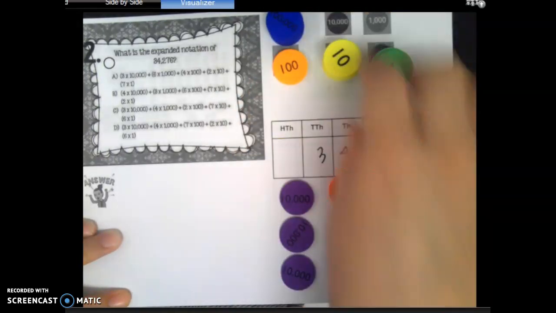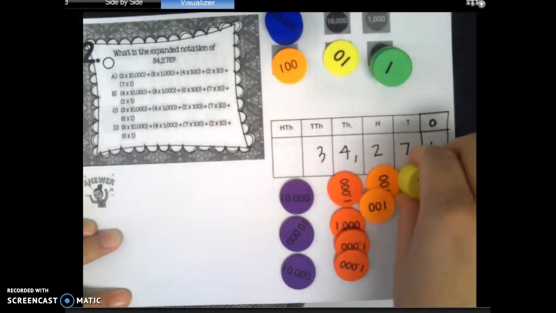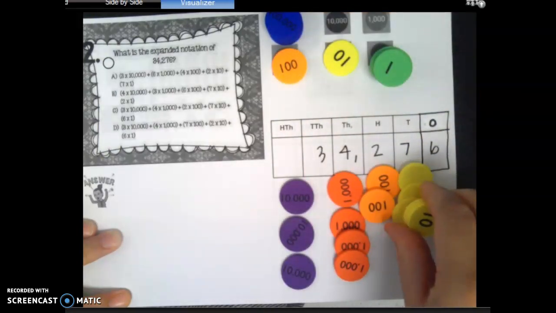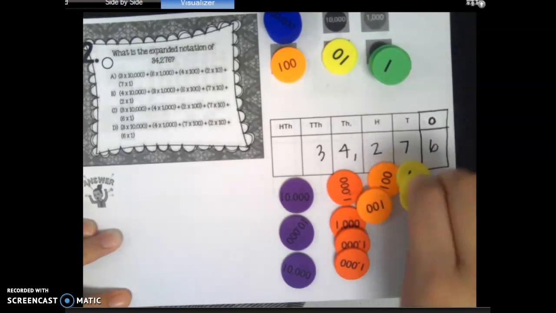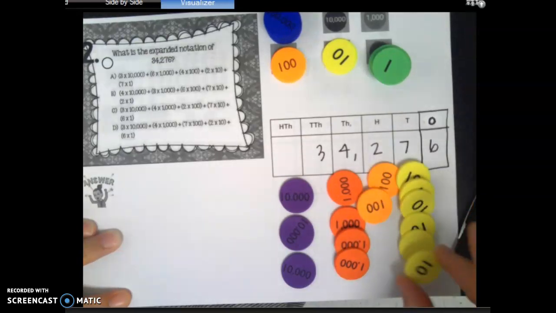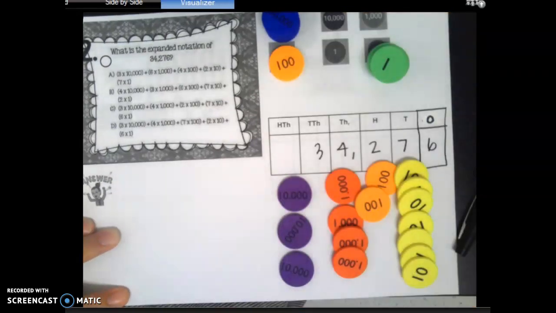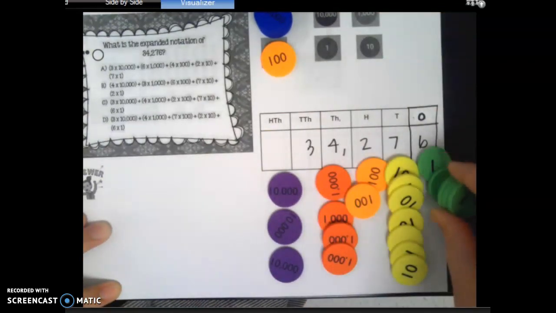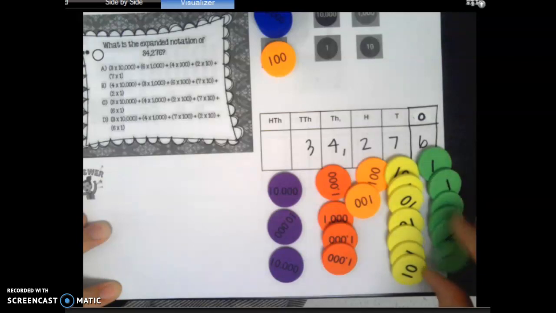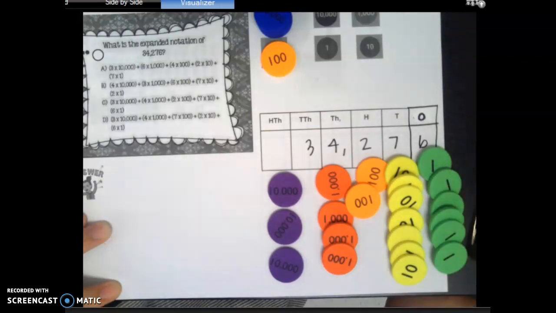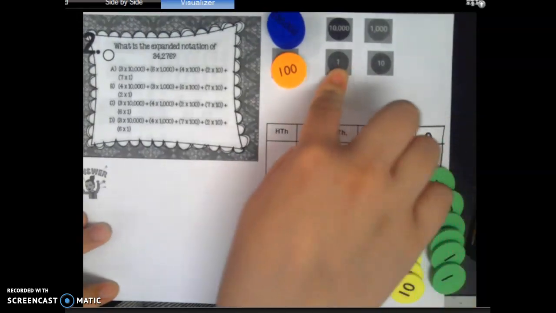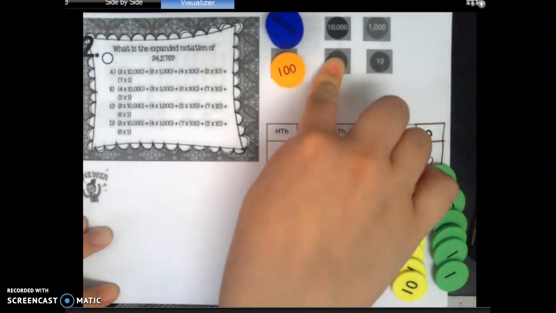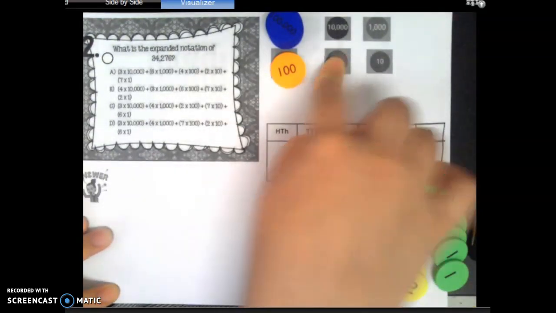How many tens? 7 tens. 1, 2, 3, 4, 5, 6, 7 tens. And how many ones? 1, 2, 3, 4, 5, 6. 6 ones. So you have these up here, and they're colored on your assignment, so you can move them.